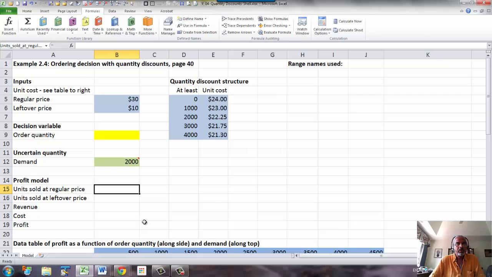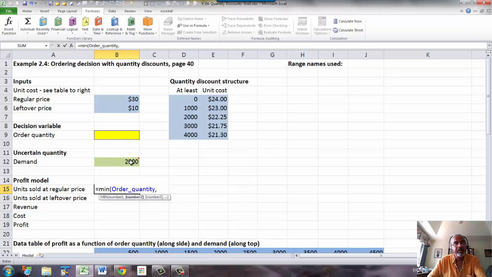Now, units sold at regular price. That will be the smaller of these two, order quantity and demand. You can set this up as an IF function or a MIN function. So we can do a MIN between order quantity and demand.